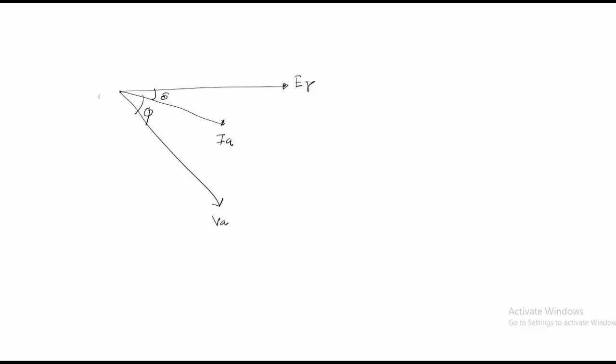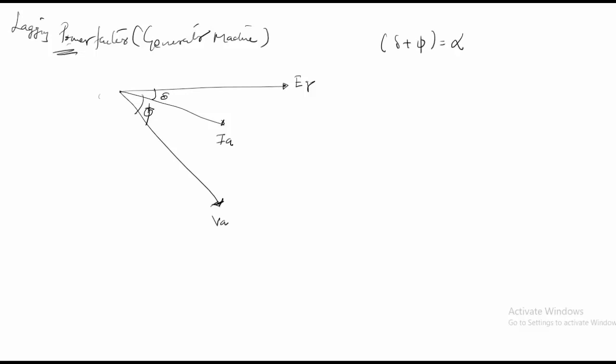So considering the case for a lagging power factor and a generating machine, this is my Va which lies here. This is my power factor angle, and delta plus phi is equal to my alpha.